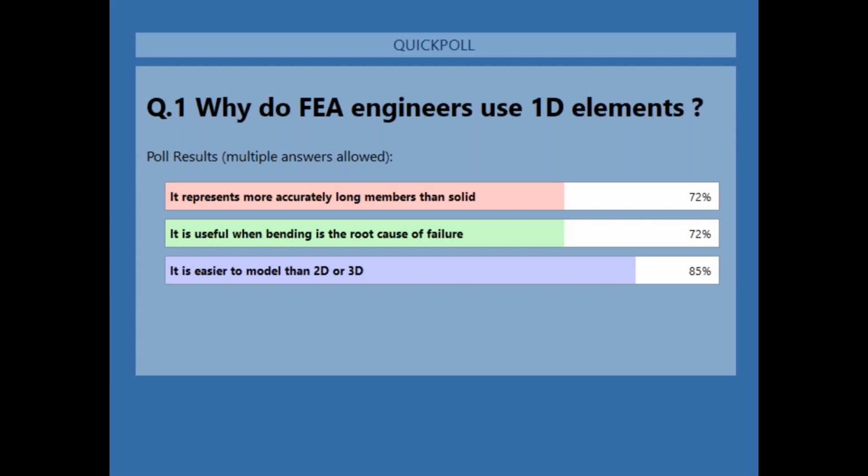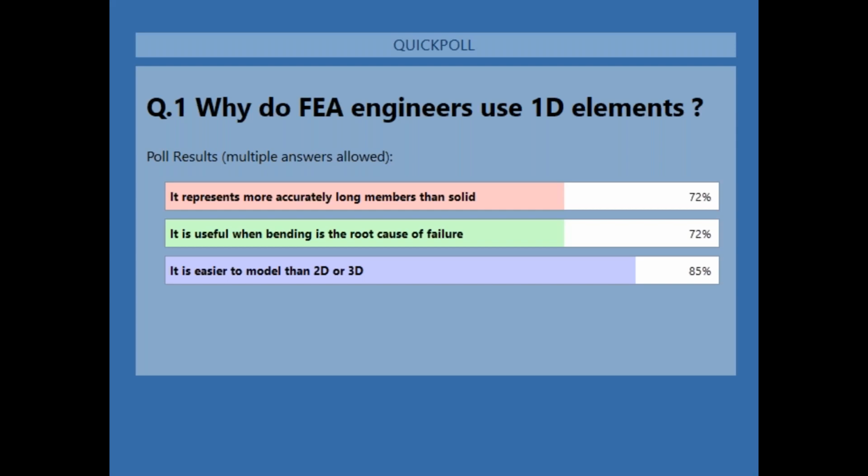This is subjective. It represents a long member more accurately than solid. It means the fewer the number of nodes or degrees of freedom, the maximum accuracy is possible. Yes, meaning feasible solutions are more accurate in 1D as compared to 2D or 3D.